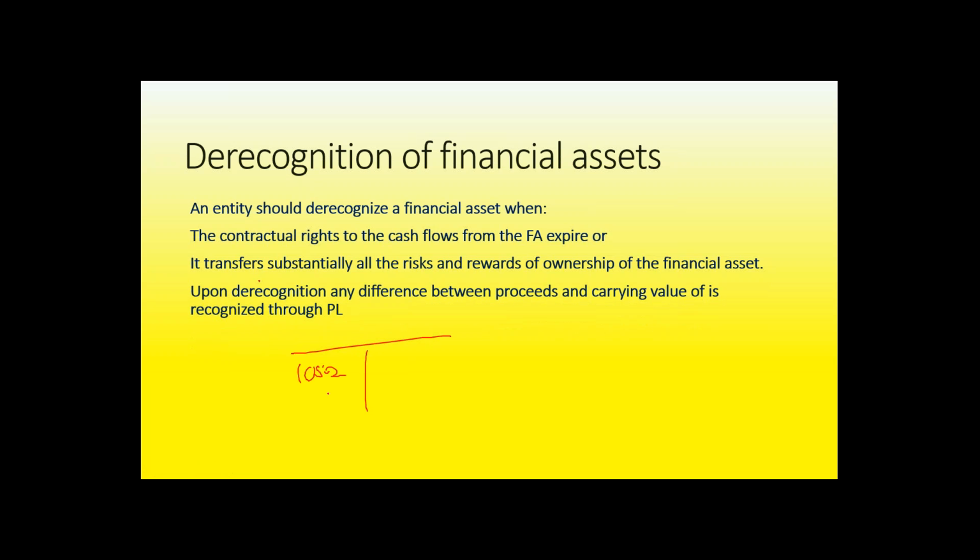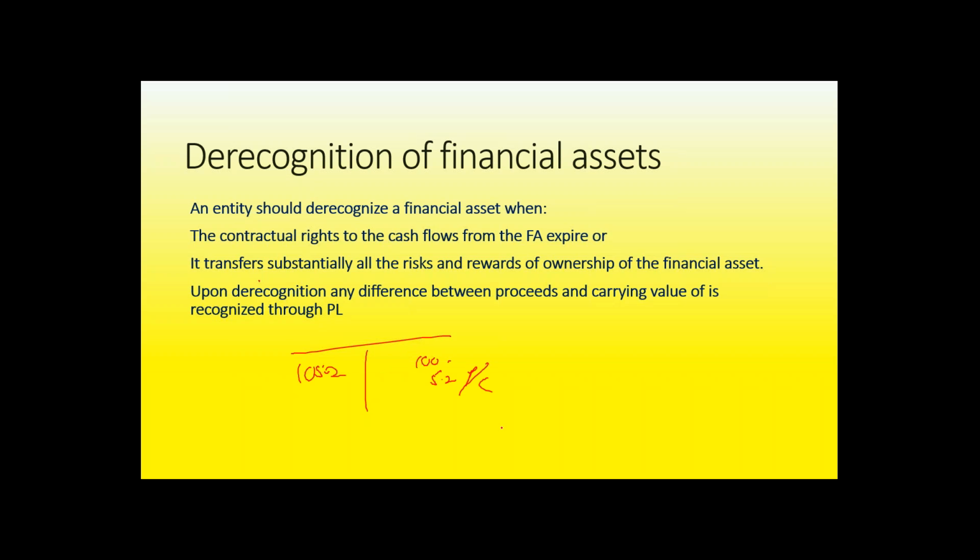And the contractual obligations are over as far as I'm concerned. I pay you 100. So that 5.2 you are not going to get. No more contracts, all gone. That 5.2 should be charged to the P&L. So that is also like an impairment.